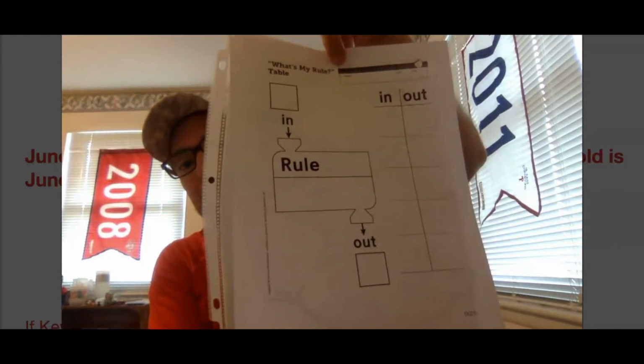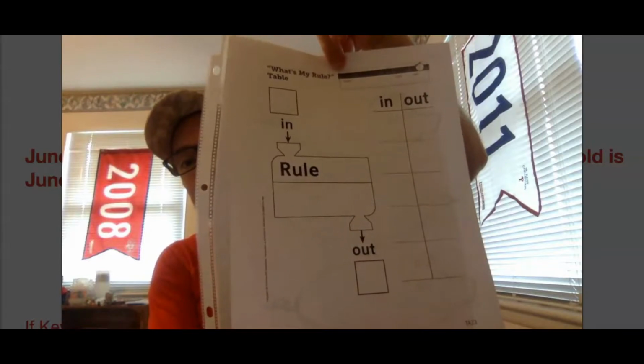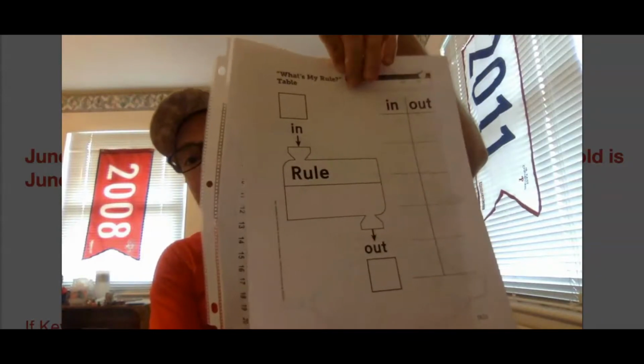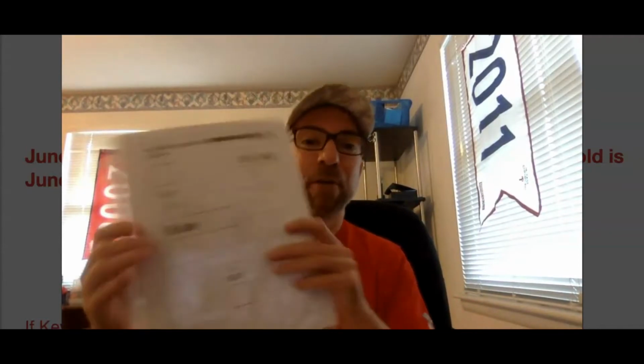And you'll see a big rule box and the words in and out. So go ahead and look for that What's My Rule table. Get that little sheet, place it in your sheet protector so that you can use a dry erase marker and get some practice in as we start our video today.